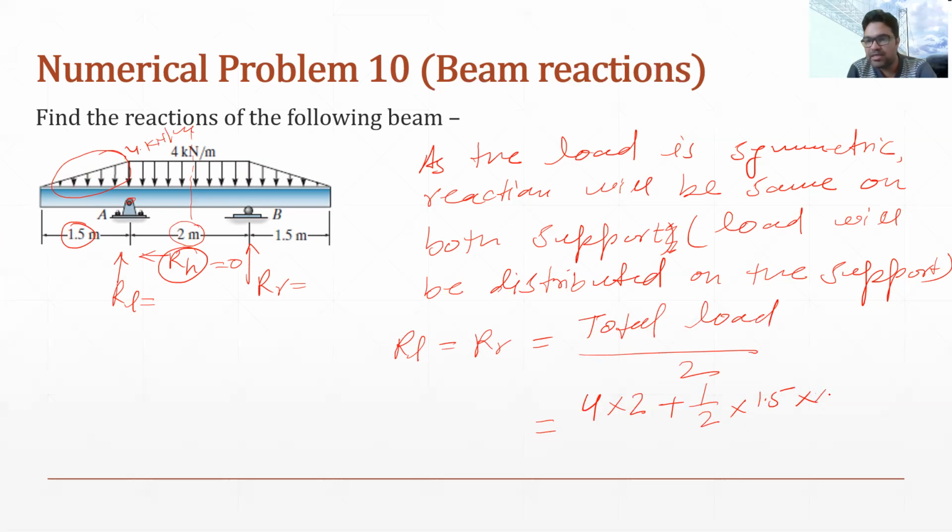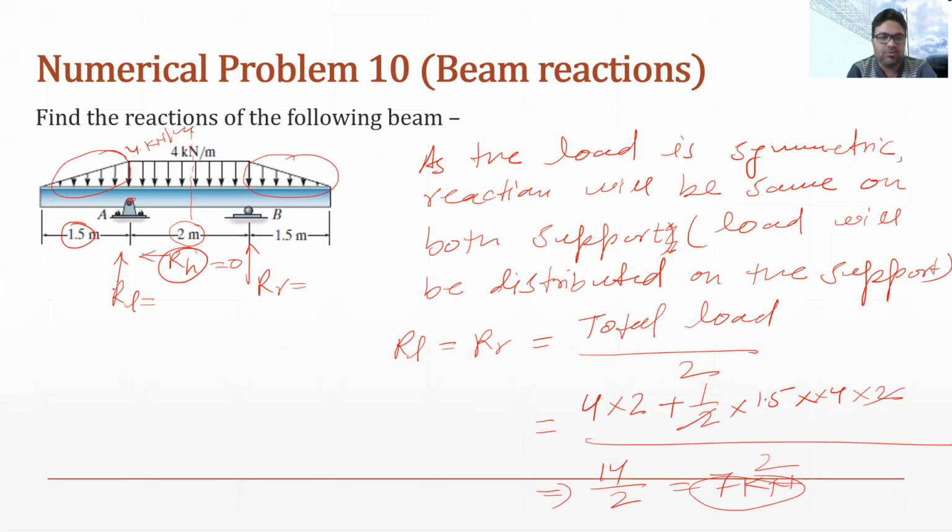You can see this triangle is also the same, so I will simply multiply by 2 and divide by 2, so this will cancel, and ultimately the total reaction would be 14 by 2, which is 7 kilonewton on each support. So RL will be 7 kilonewton and RR will be 7 kilonewton.